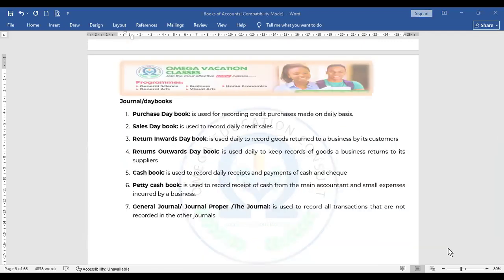Yes, Prof. Portia. By showing a receipt. Thank you very much. So you show a receipt, right? So that receipt is then the document that proves the transaction. Okay, now documents that give proof of transactions are referred to as source documents.